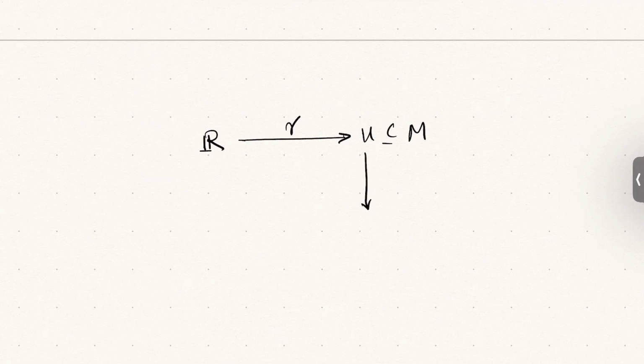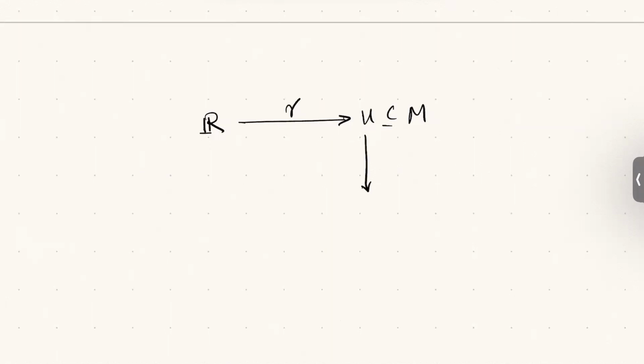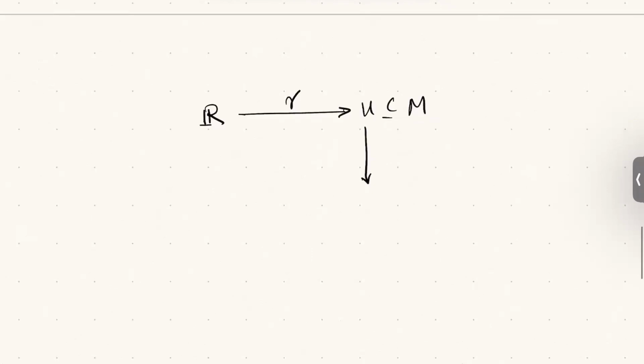And let's say I have a map phi here, phi of U, which is a subset of Rn.